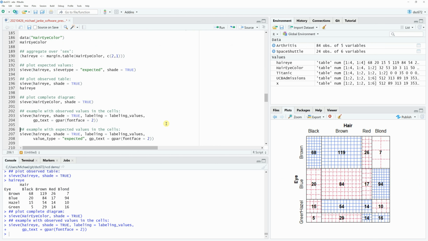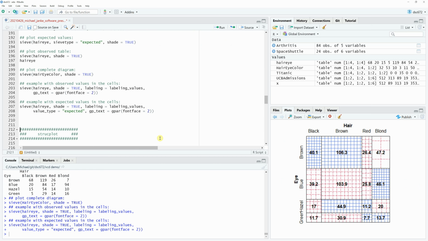In this case, it's giving us a count of observed values. Looking at that hazel blonde example again, there's 10. Conversely, we can also show the expected values inside the plot, and it gives us a way to compare. So for the hazel, we are observing 10 but expecting 20, so it gives you an idea of how far off we are.